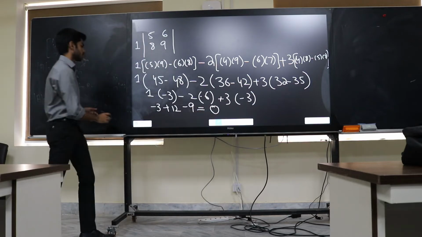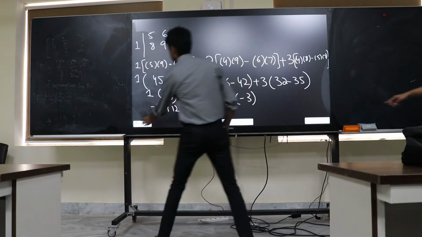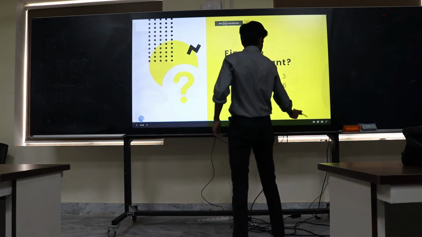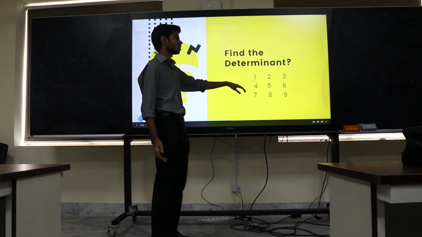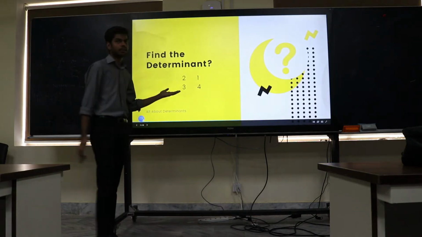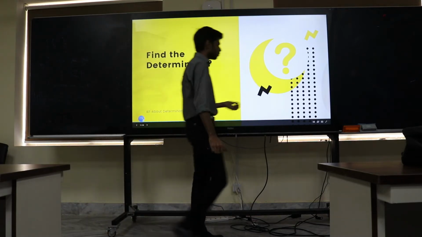So we can say that this matrix is a singular matrix because the answer is equal to 0. Now we have the matrix of order 2 by 2, and we can calculate it the same way.